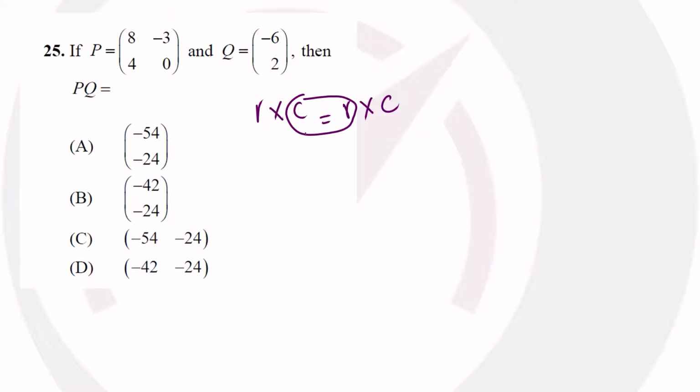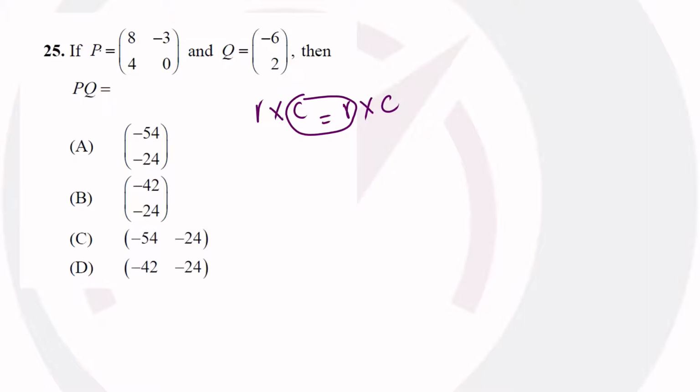Let's go again. You have two matrices, right? The rule says that in order for us to multiply them, the number of columns in the first matrix must be equal to the number of rows in the second matrix.